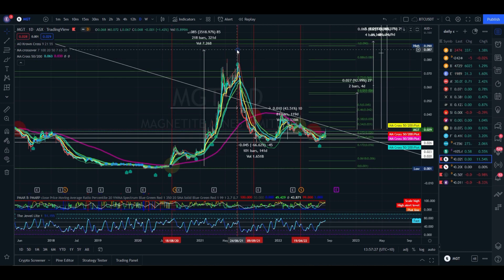Up 3,518% when it ran from 0.003 all the way up to 9.4 cents at its peak. So crazy. Then it came back 66% down until we got a buy signal down here. Then it was a 43% run up to the 4.2, and then obviously it's slid back down.